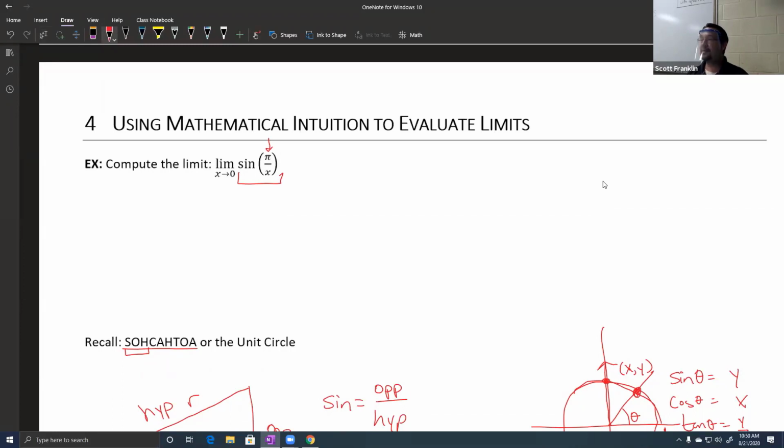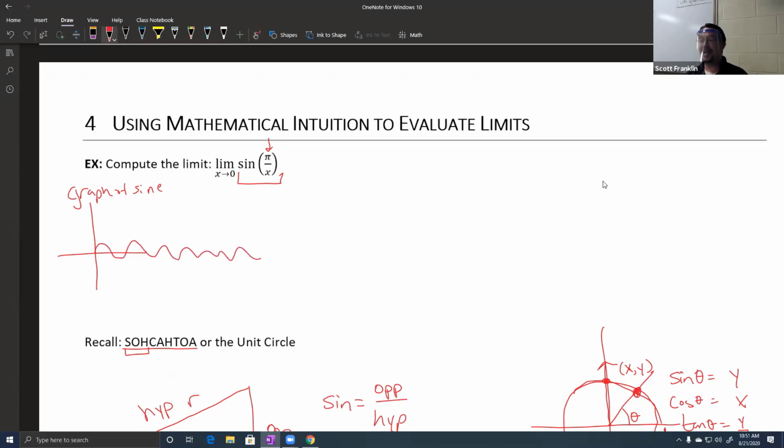Now what happens to the sine function as things get bigger? You got to go back and remember what the graph of sine looks like. You remember what the graph of sine does? It's a wave, right? Starts at 0 and just goes back and forth. Okay, that's a horrible sine wave, but that's the thing.